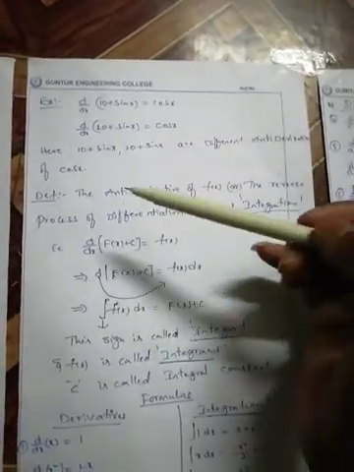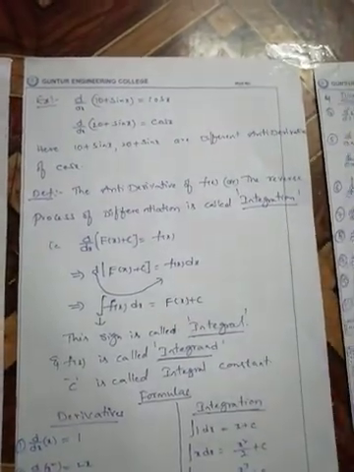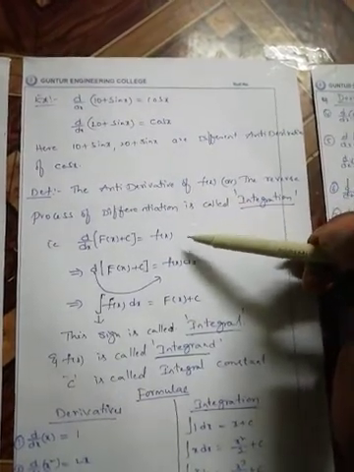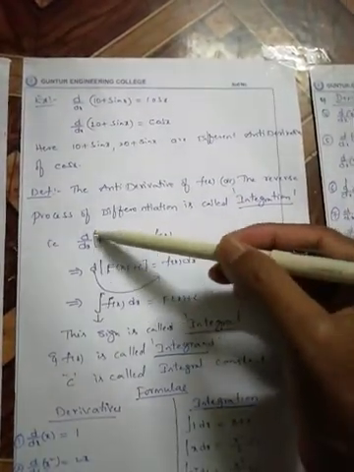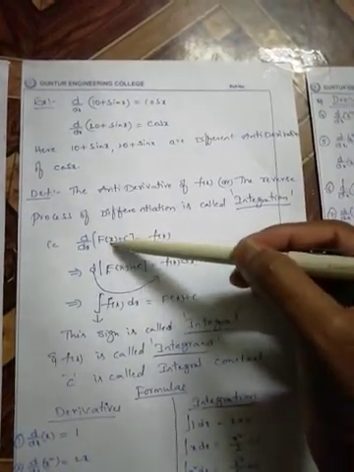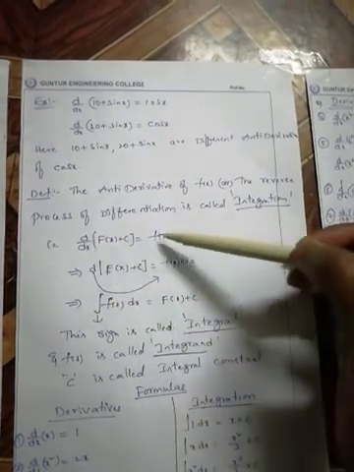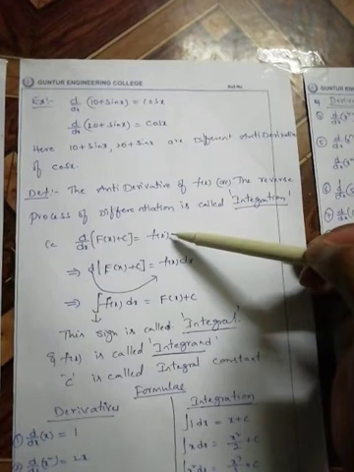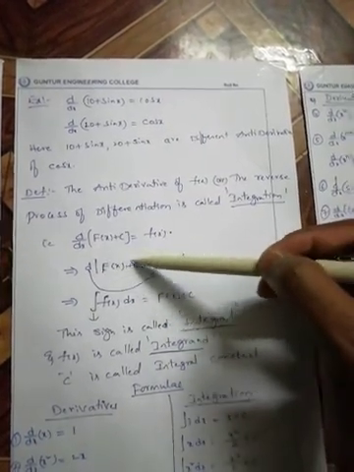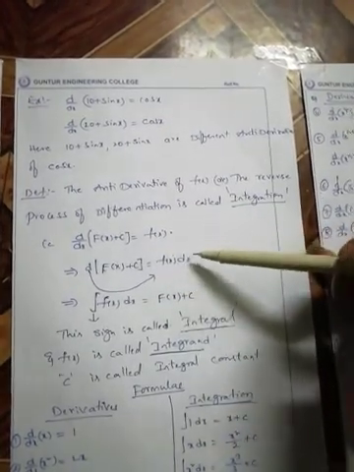Definition: what is integration? Integration is the reverse process of differentiation. For example, d by dx of (F of x plus c), where c is a constant, equals f of x. Putting dx on the right side, d of (F of x plus c) is equal to small f of x dx.